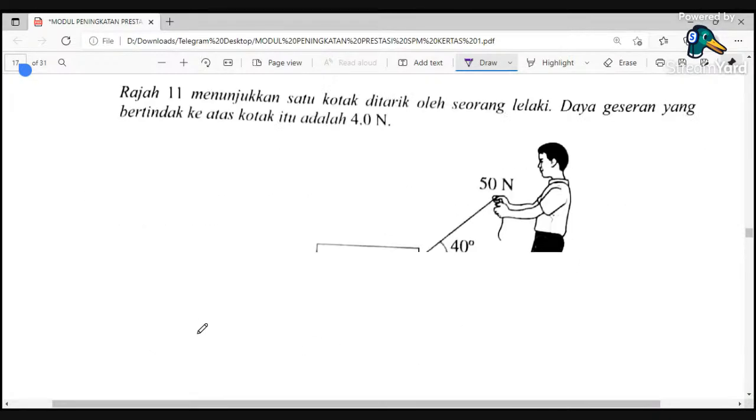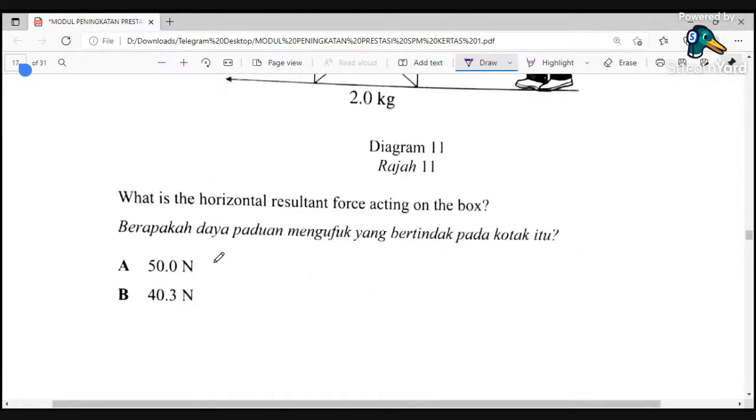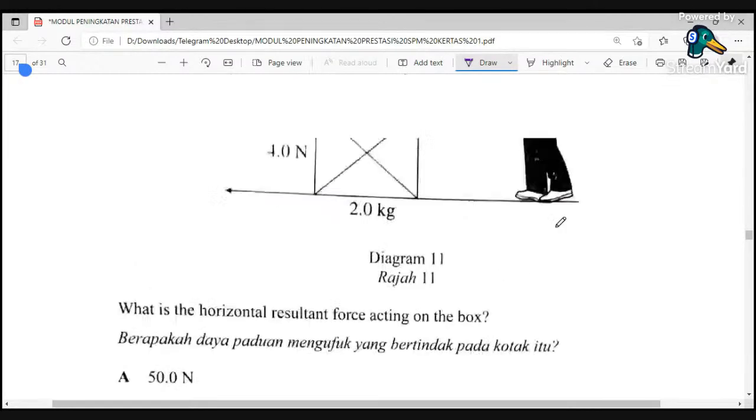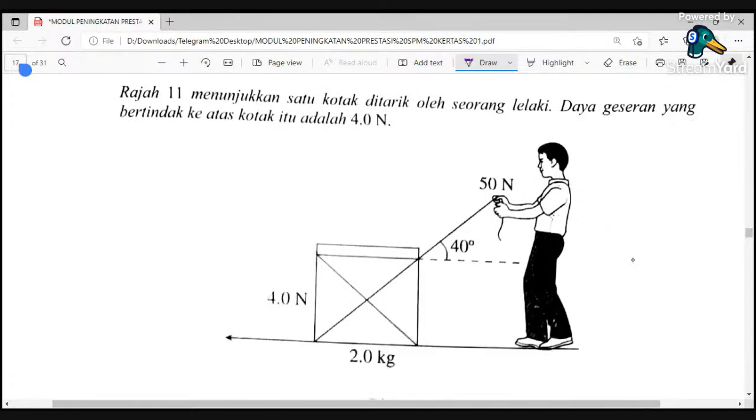Okay, number 20. Diagram 11 shows a box being pulled by a man, friction acting on the box 4 Newton. Okay. What is horizontal resultant force acting on the box? Pull, tarik. Okay, so ini direction of force dia. Okay, so resolve the force to two components.